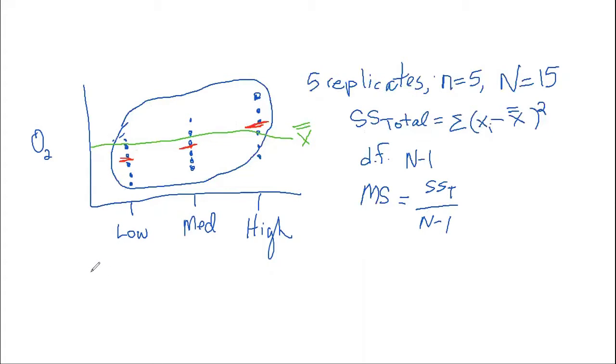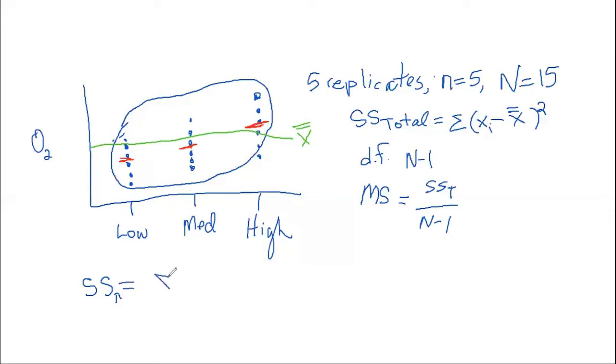Okay, to get the variance of the treatment, we're going to call that SS tau. Okay, so tau is just a symbol that represents how much is the sums of squares that's due to the difference in things.